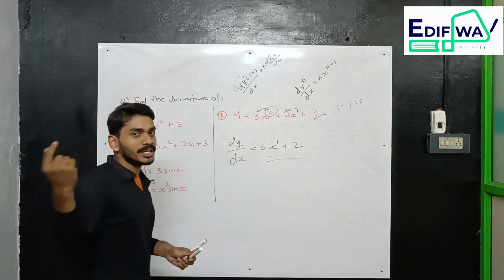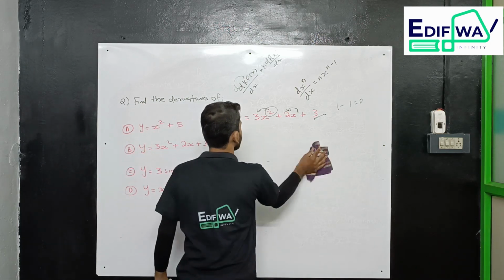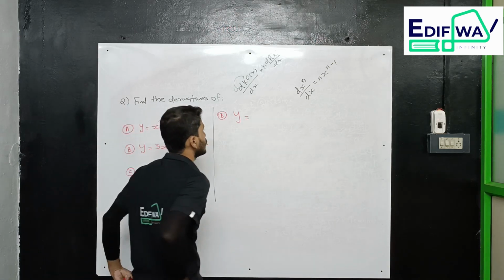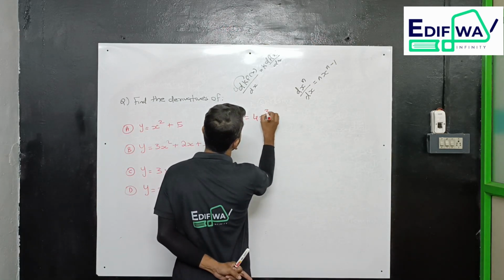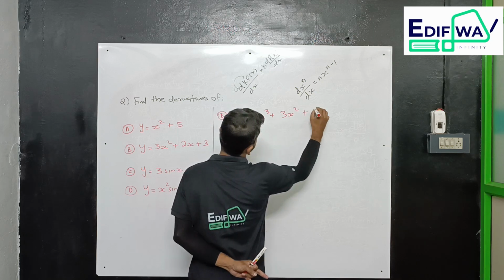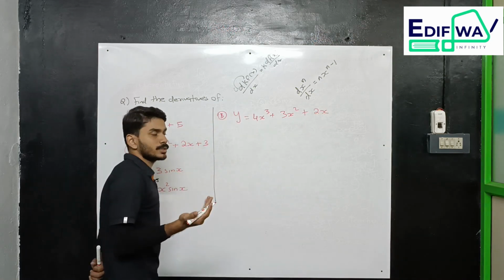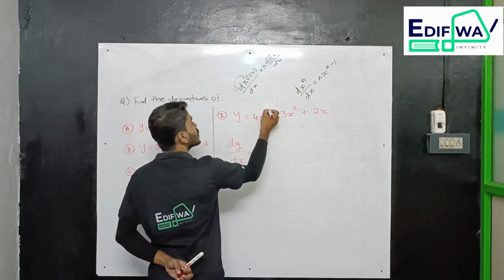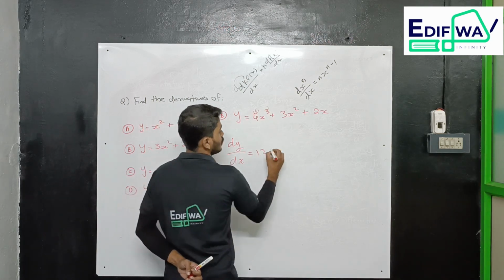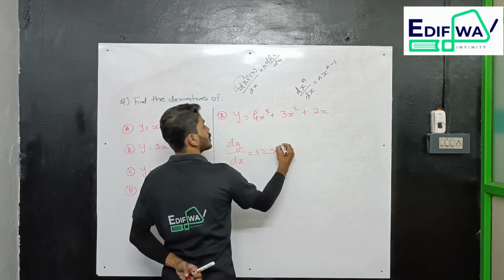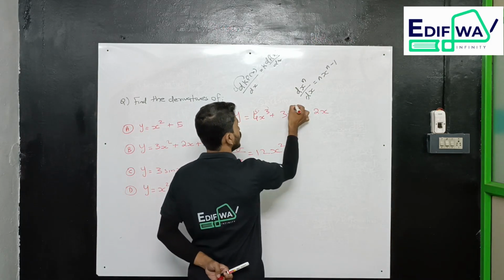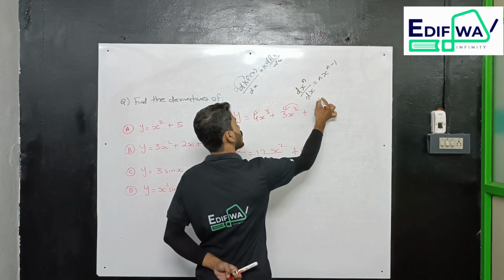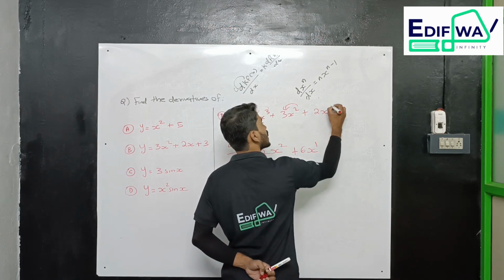Okay, I'll give you another question. The question is 4x cube plus 3x square plus 2x. How to do it? It's very simple. dy by dx is equal to 3 into 4, 12, x to the 3 minus 1, that is 2, plus 2 into 3, that is 6, x to the 2 minus 1, that is 1, plus here the exponent is 1, right?